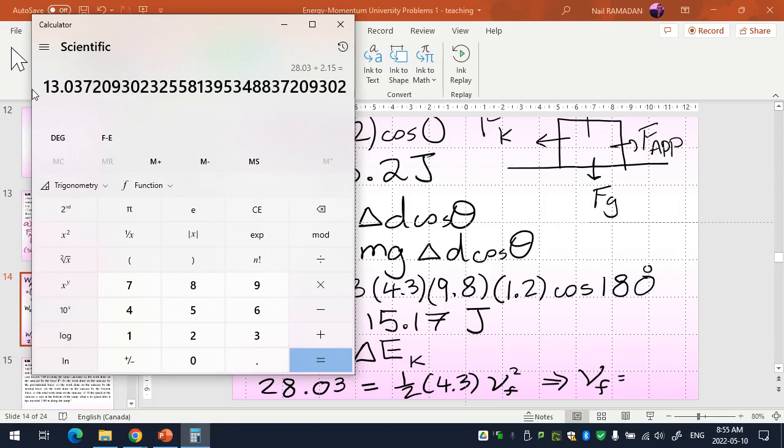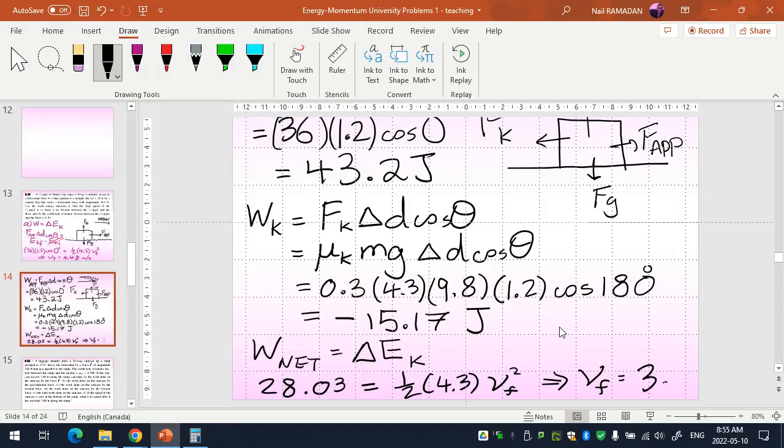Yep, 3.61. You cut it at the 1, so you only end up with 3.61. So welcome now to the work energy theorem, but with friction. Now we introduce the concept of the net work on an object.